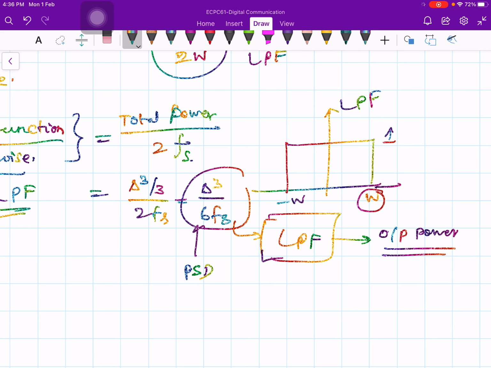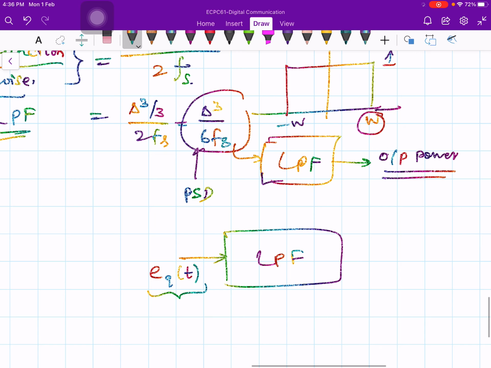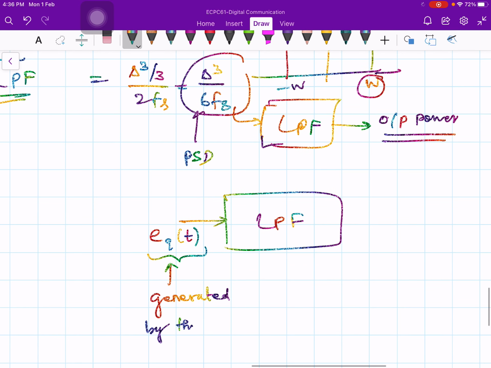And one more point. Okay, so I have the low pass filter, and the input is the noise e suffix q of t, and this noise is generated by the process of delta modulation, right?